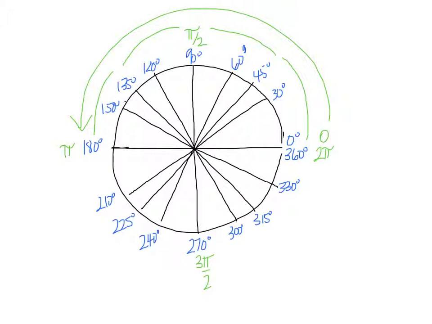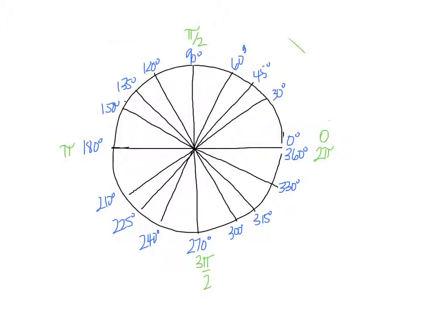So if the whole top half is pi, what's a fourth of that? What's pi divided by 4? Pi over 4. Okay, so the 45 degree mark is pi over 4.